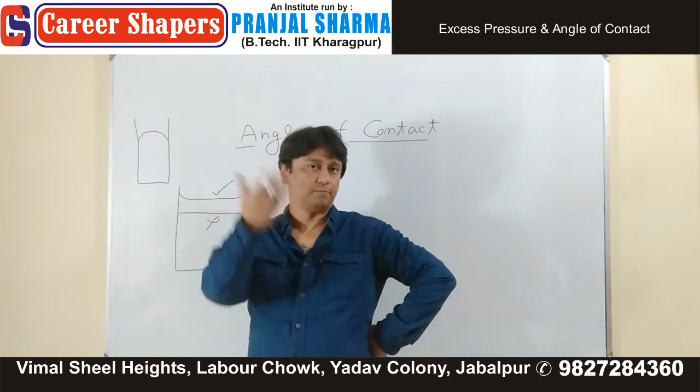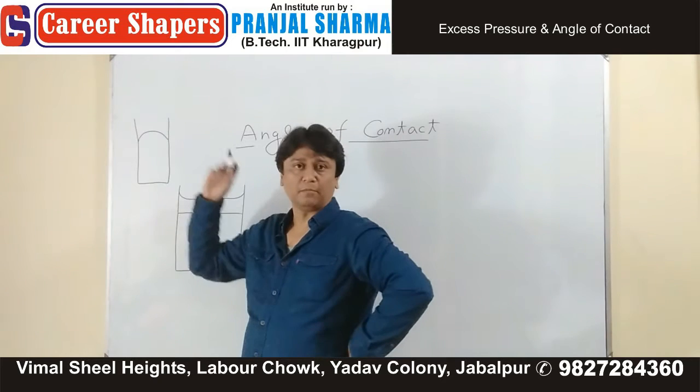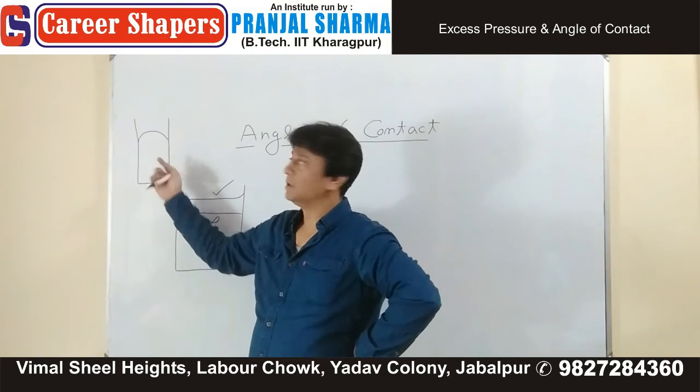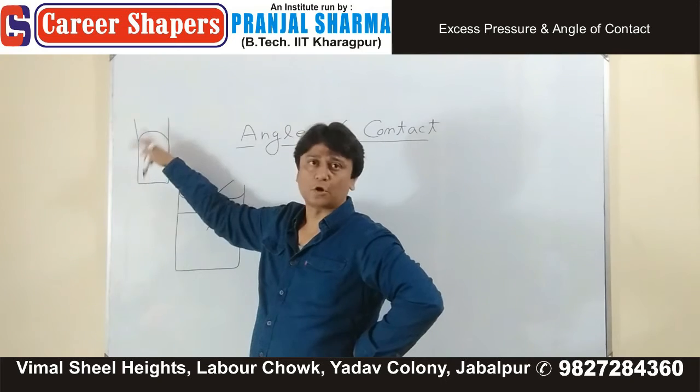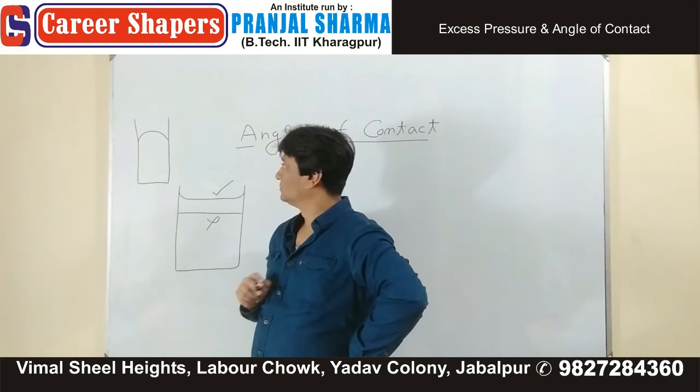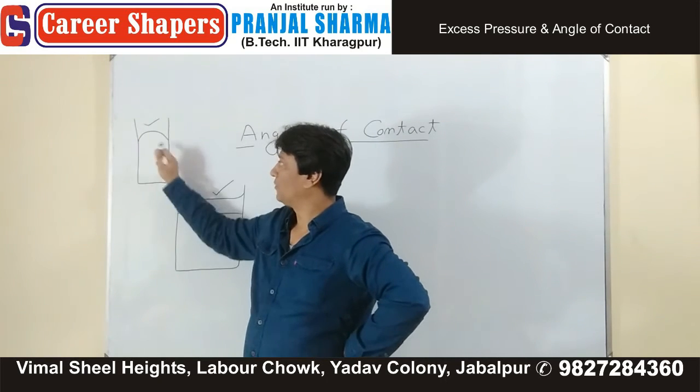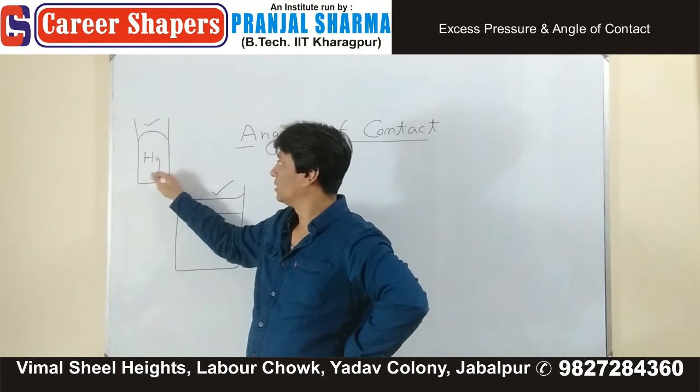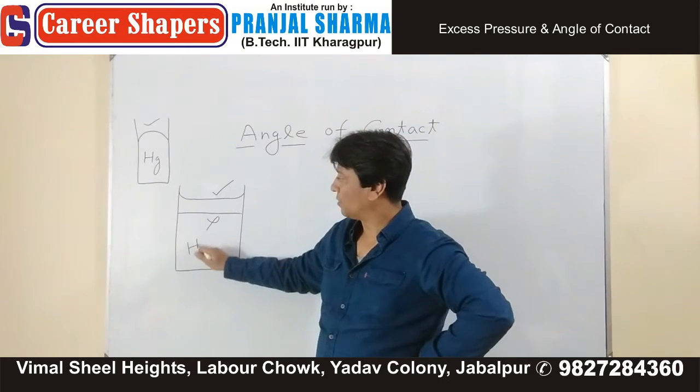If you can see anywhere mercury in a tube, then top surface will look convex. This is the correct profile for mercury. This is the correct profile for water.